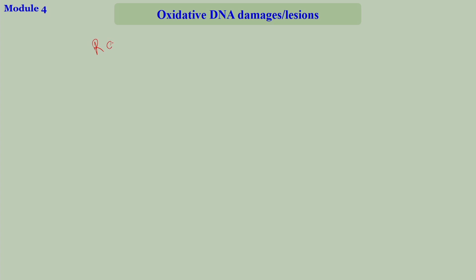So, I start with oxidative DNA damages or oxidative lesions. Oxidative lesions means when the DNA is undergoing chemical reactions under oxidative conditions. Here comes mostly the ROS, reactive oxygen species.